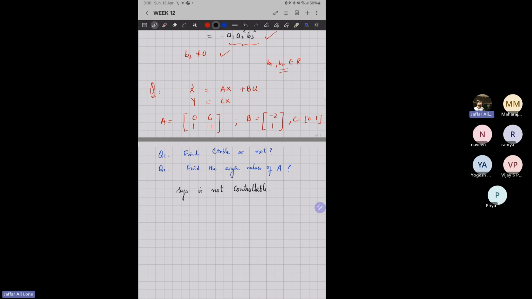Everybody got this? System is not controllable. Okay, it's not controllable, right? Yes. So please find the eigenvalues. Did you get these values?